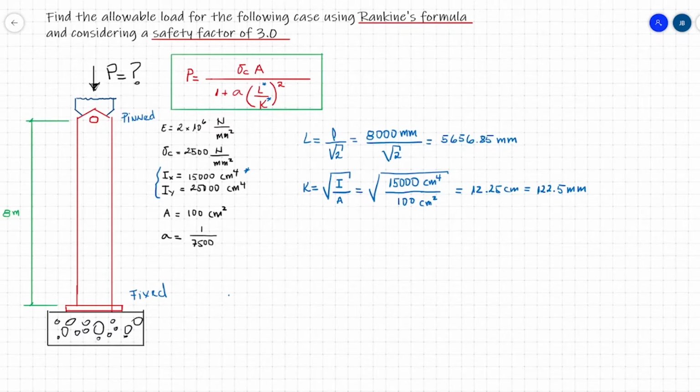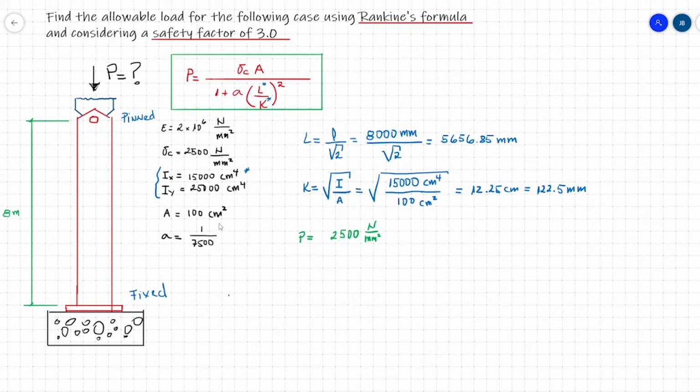I'm going to use the other color. P is going to equal what? I'm going to have this strength, sigma C, which is 2,500 newtons per square millimeter, which happens to be very large, times the area.